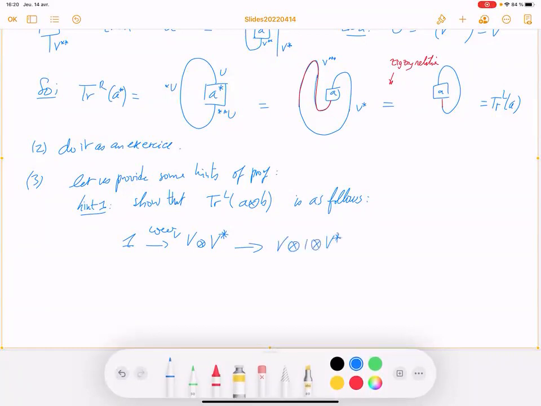You can always do that by applying what we called at the beginning of the course the natural isomorphism about the tensoring by 1 on the left or on the right.